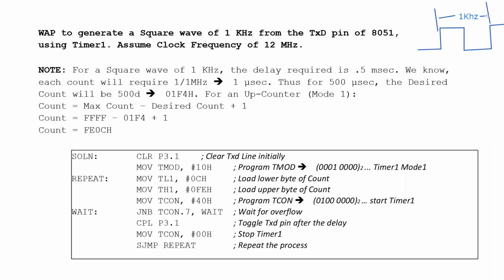So the total frequency: a square wave means it has an on state and an off state. Both should be of equal delay or equal time period. If it is 1 kilohertz, the time period will be 1 millisecond. So you need a total of 1 millisecond as the time period.